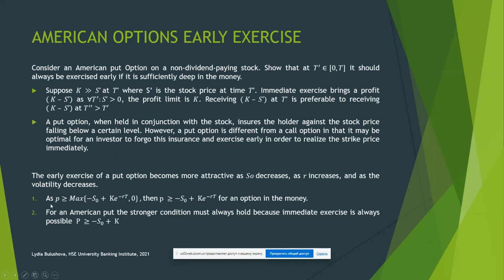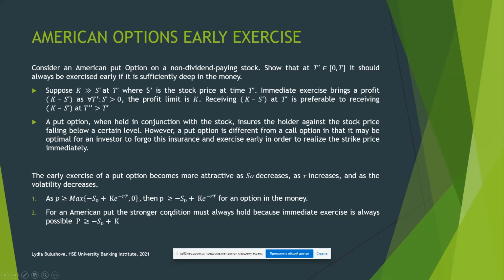So consider the price of a premium for a put option. We have already derived this inequality while we were deriving lower and upper boundaries for put and call options.